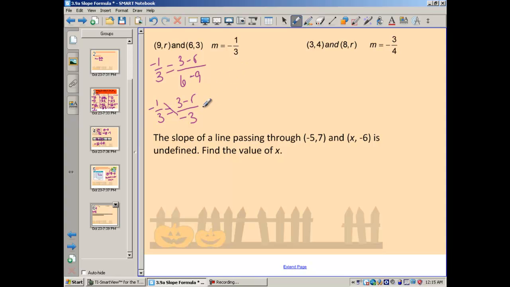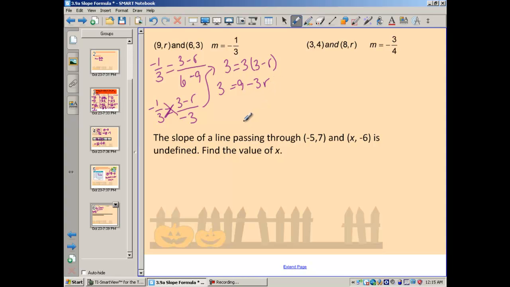Negative 1 times negative 3 gives me positive 3. And then when I cross multiply this way, I've got to multiply 3 times all of this. So I have 3 times 3 minus r. So I'm going to solve this. So I have 3 equals 9 minus 3r.